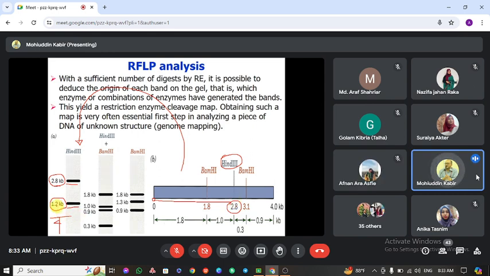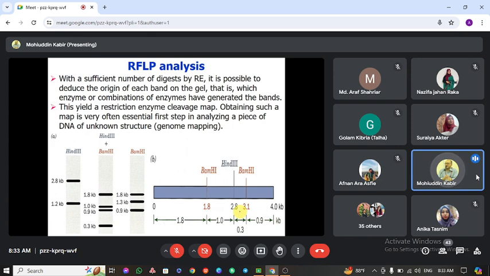The next band is 1.2, so the rest is 1.2. That means there is only one HindIII site, at the 2.8 kb position.